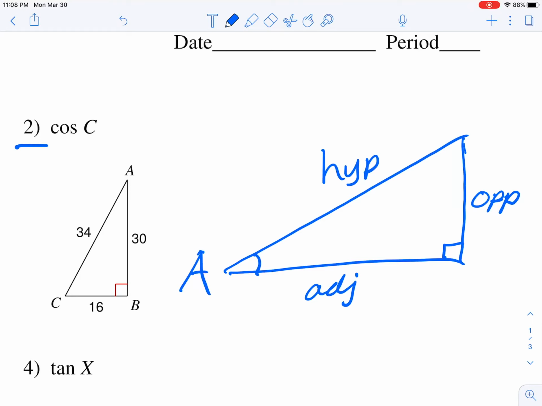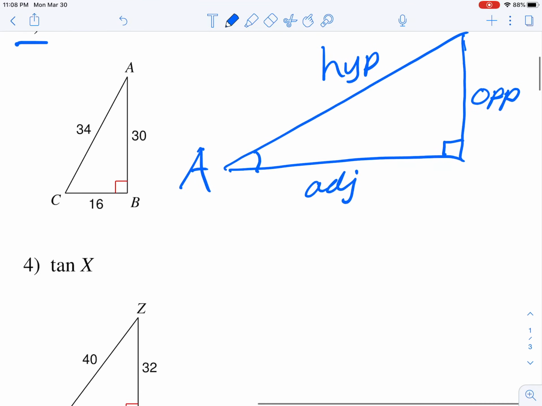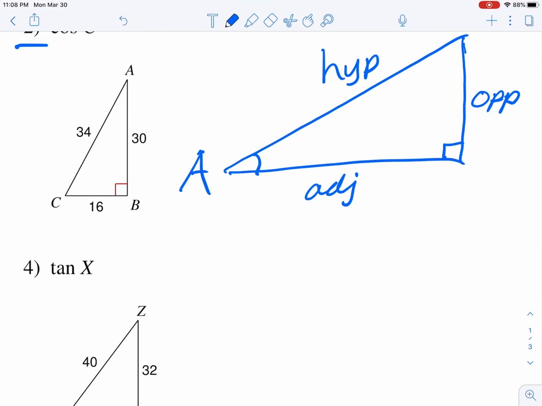All trigonometric values are defined using ratios of these three sides relative to A.